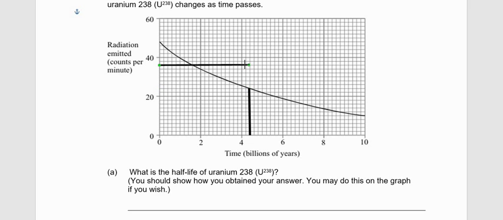Making sure it's vertical. Something like that. And then we read down, just like we did before. And we should come out at roughly 1.6 billion years.